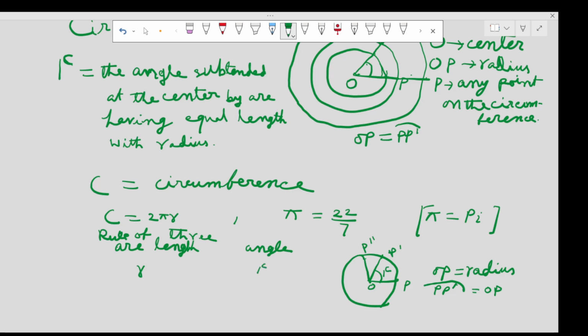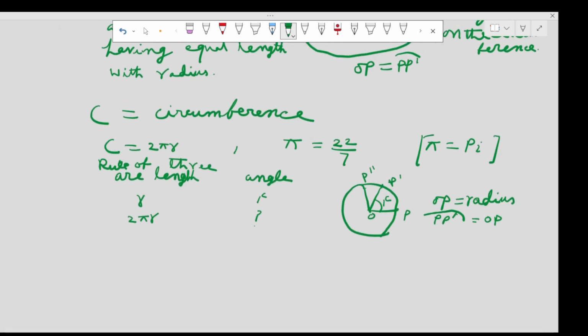Arc length, full length, that means circumference length 2 pi r, what is the angle? This is the question mark.